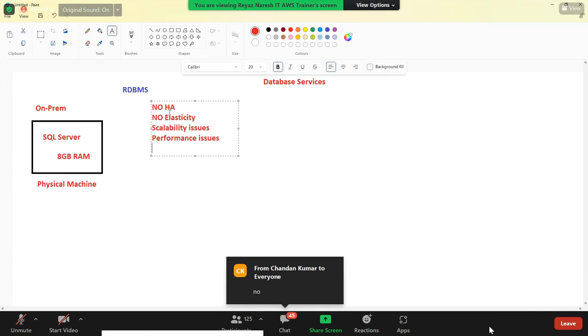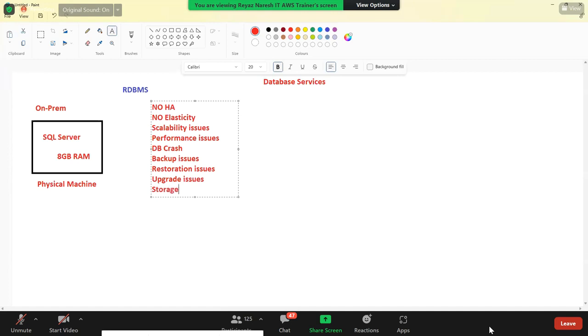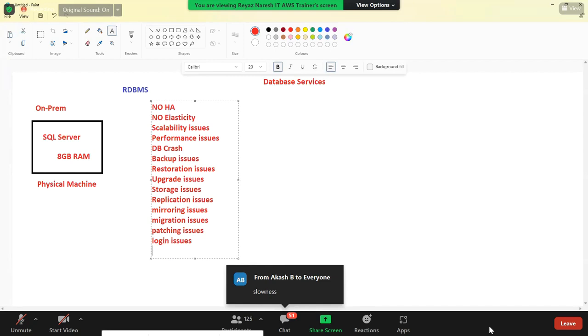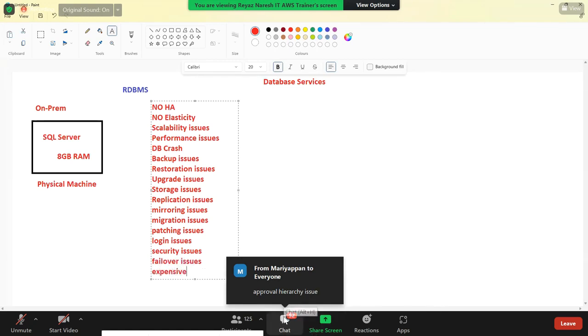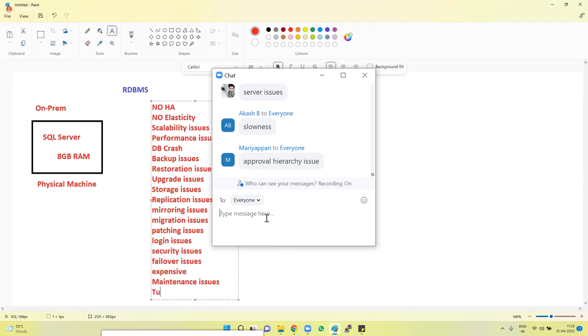Performance issues, DB crash, backup issues, restoration issues, upgrade issues, storage issues, replication issues, mirroring issues, migration issues, patching issues, login issues, security issues, failover issues, expensive maintenance issues, tuning issues.